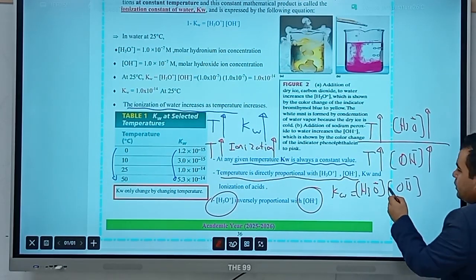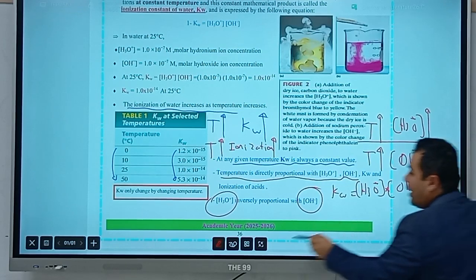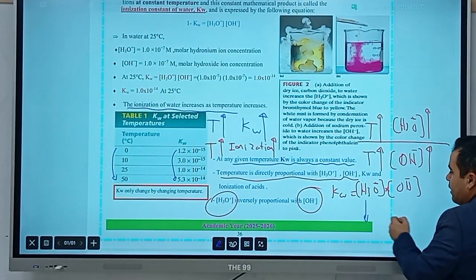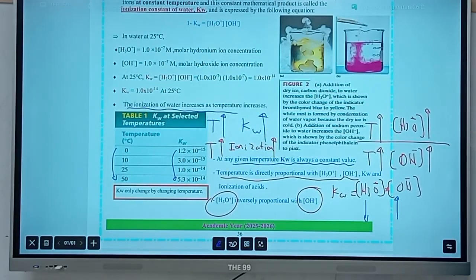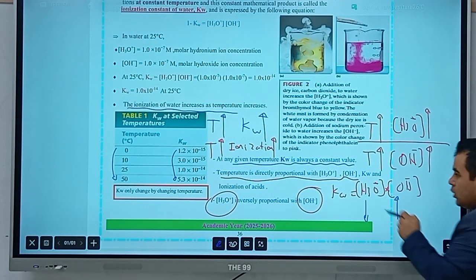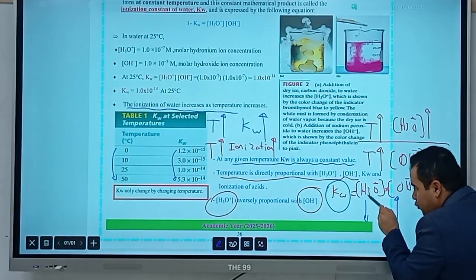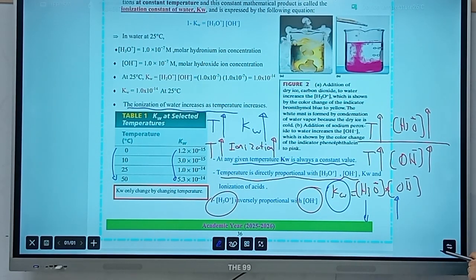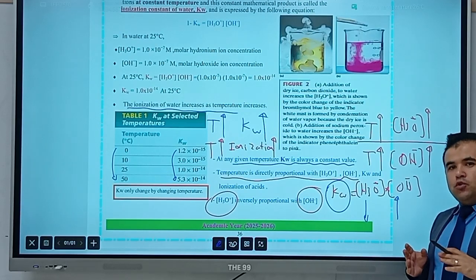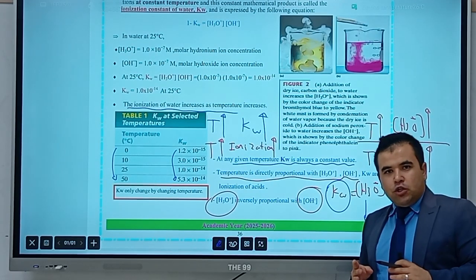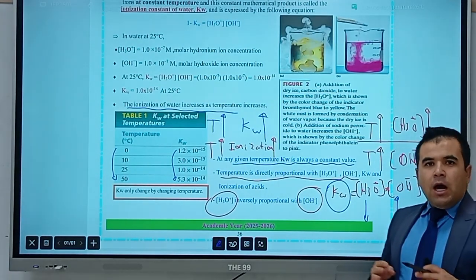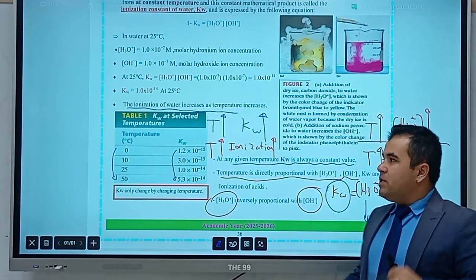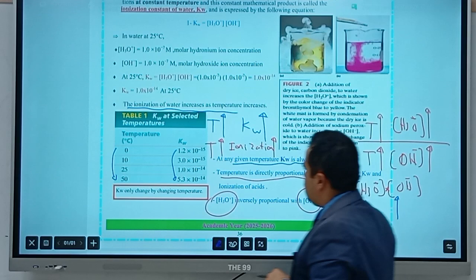Whenever the relation between two varied quantities is multiplication, that represents that they are inversely proportional with each other. To get a constant value, decreasing this must increase the other to get the same result of Kw. So we have to know that temperature increases Kw, ionization of the water, and then ionization degree, and then hydronium and hydroxide. But the hydronium is inversely changing with the hydroxide.